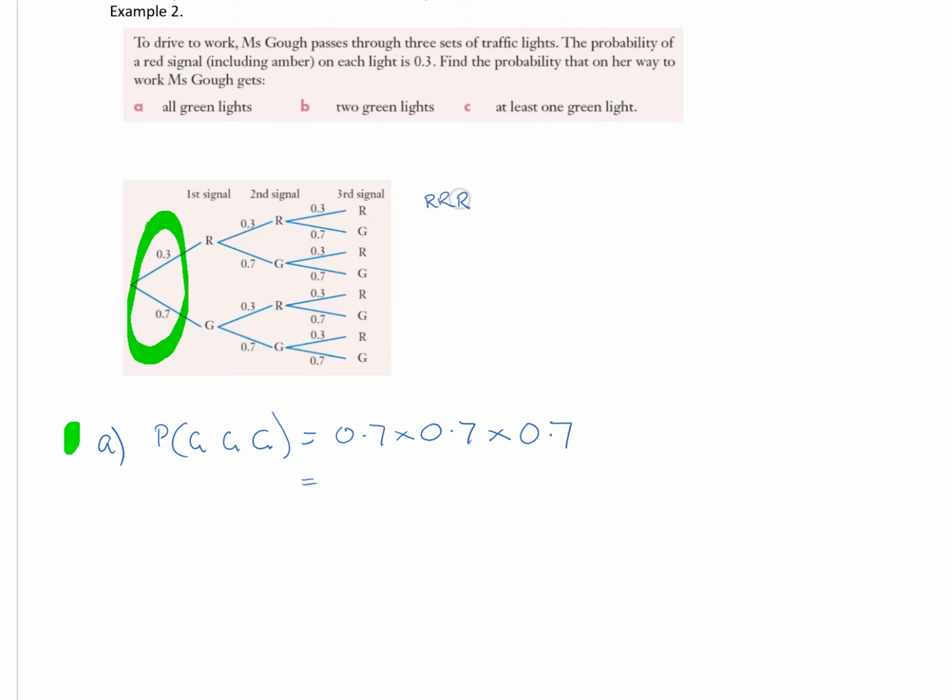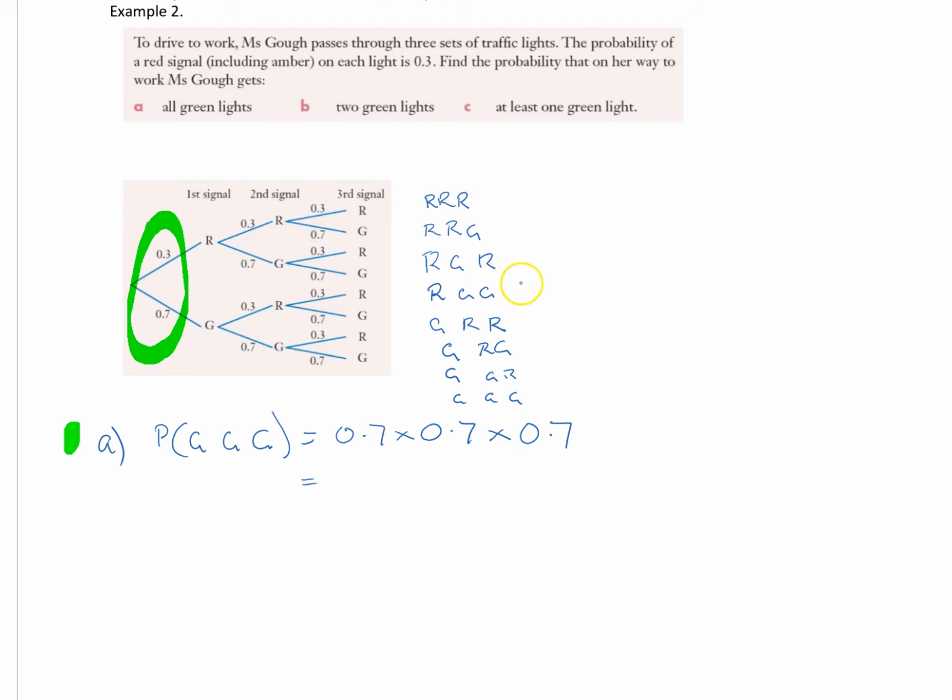So we've got red, red, red; red, red, green; red, green, red; and red, green, green. Then we've got a green, red, red; a green, red, green. We've got a green, green, red; and a green, green, green. 1, 2, 3, 4, 5, 6, 7, 8 items in our total sample space.